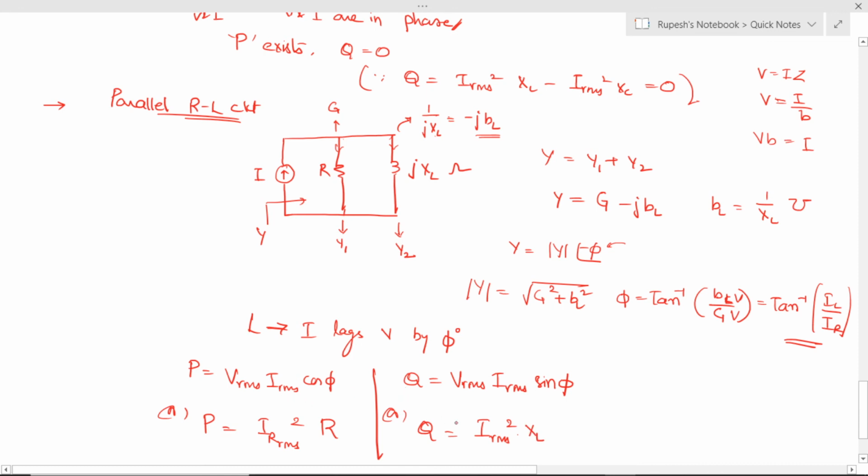This is the reactive power which is observed only in the inductor. What is I RMS here? It's the RMS value of current flowing through the inductor.